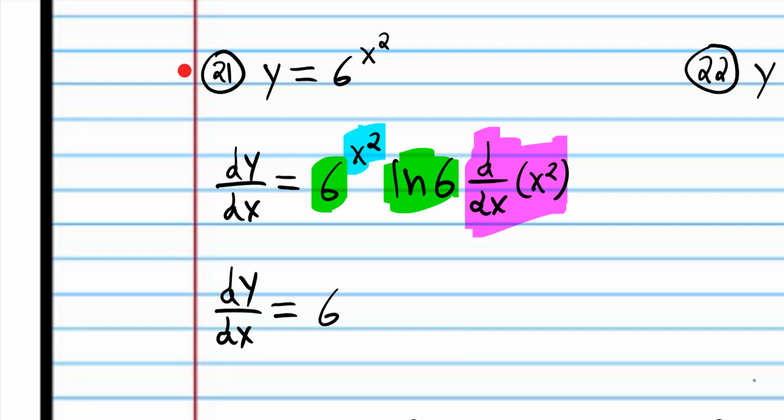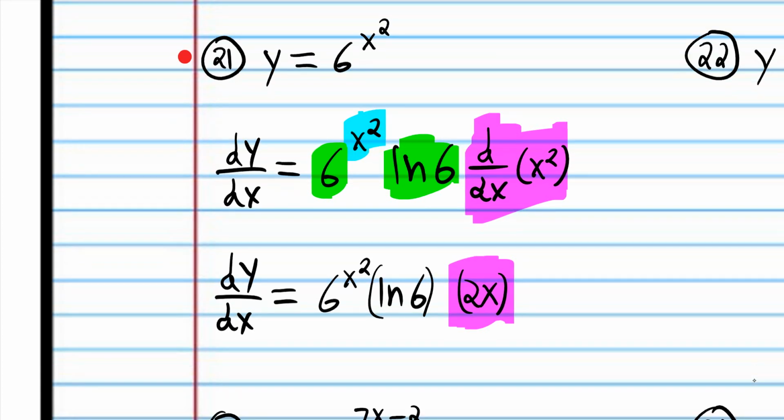So we have 6 to the x squared power times natural log 6 times 2x. That just becomes 2x. And you don't want to think that the 2x is inside the natural log function, so it's probably best to write parentheses.